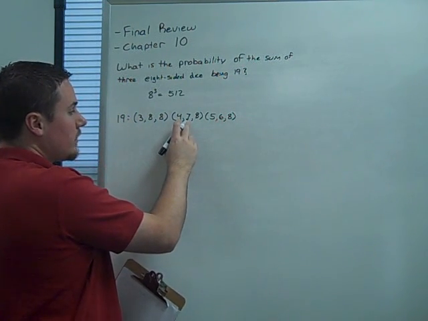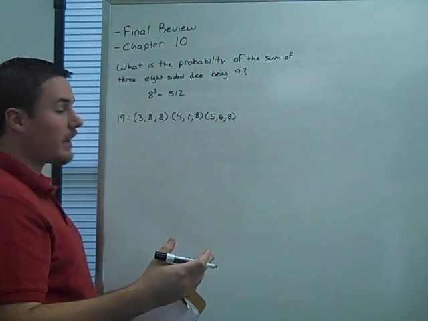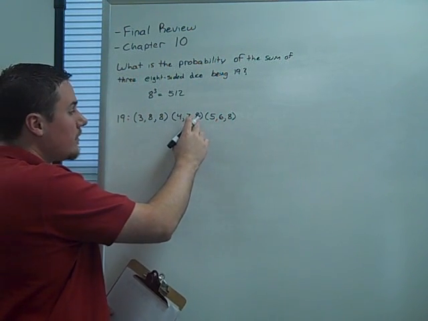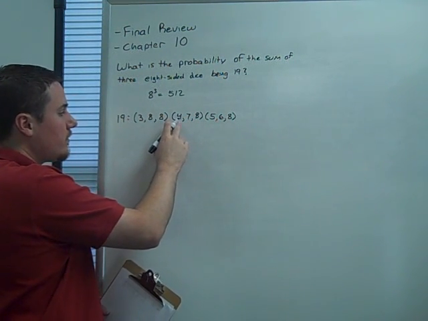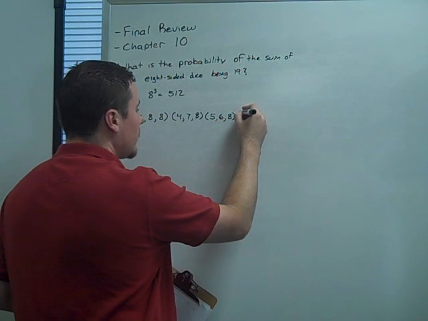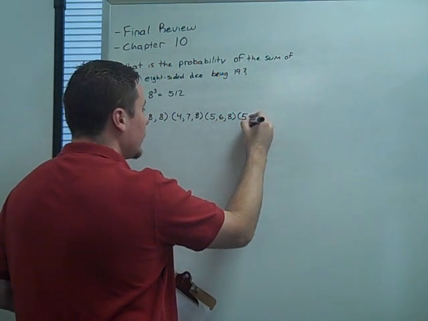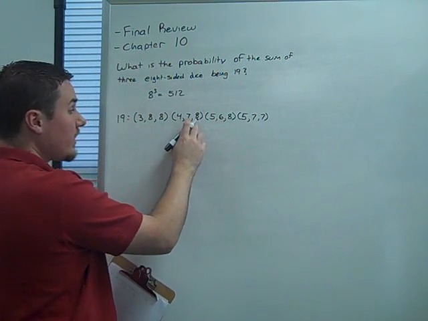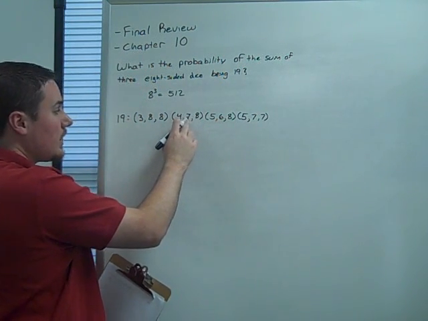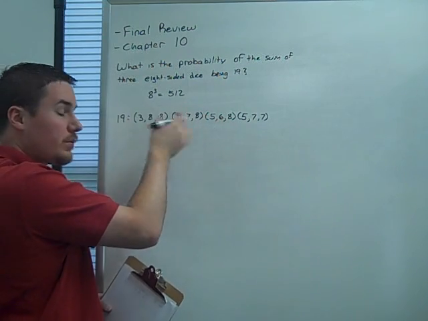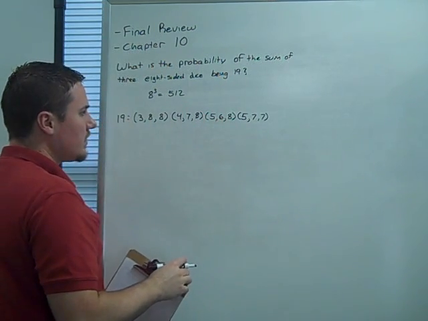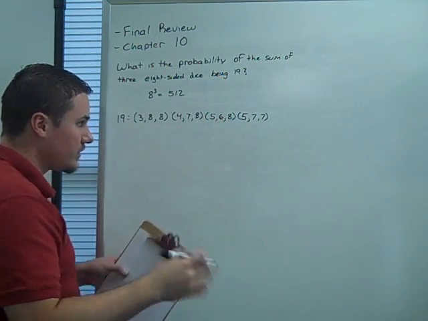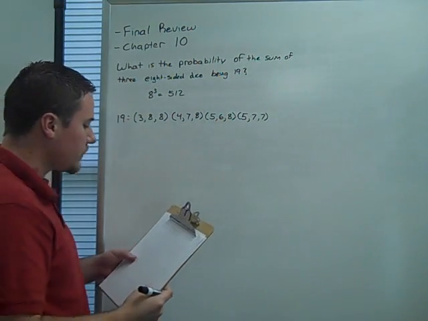Or I could take one from the 7 and give it to the 8. Again, that's not going to happen. I can take one from the 8 and give it to the 4. That'll give me 5, 7, 7. Or I could take one from the 8 and give it to the 7. That would really just switch it. I don't consider that a separate triplet. So this one is done in terms of generating new triplets.